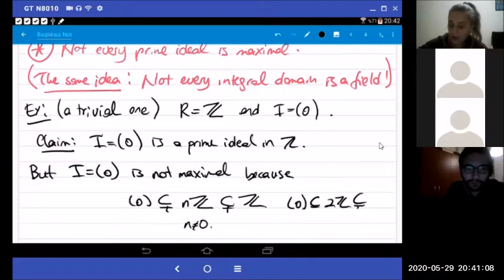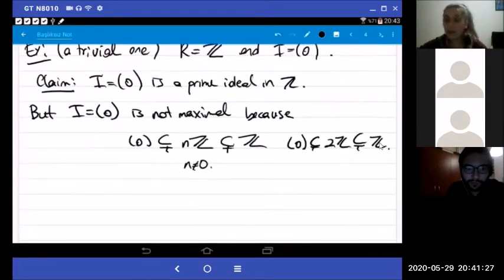And 2Z is definitely different from the whole ring. It does not give us all integers, it only gives us even integers. And we know that there are infinitely many elements different from zero. So 2Z is different from the ideal generated by zero. So we have found an intermediate ideal between the ideal generated by zero and the whole ring. This means that the ideal generated by zero is not maximal.